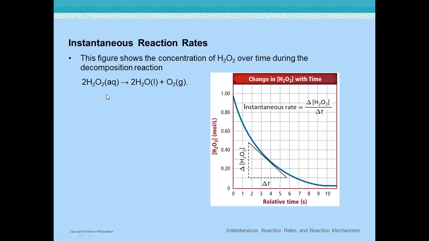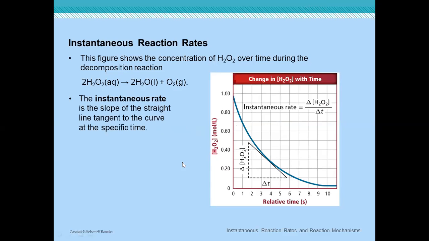According to instantaneous reaction rate, the figure shows the concentration of H2O2 over time during the decomposition reaction of 2H2O2 aqueous solution, which produces 2H2O plus O2. The concentration of H2O2 decreases by time, and O2 evolves as gas.